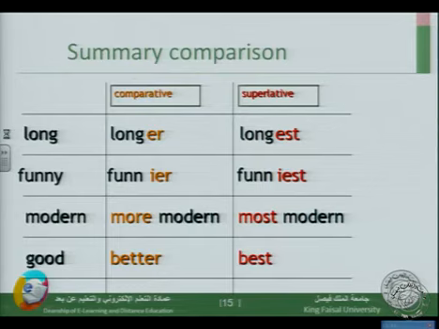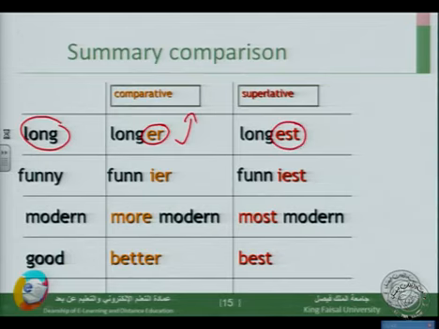Here is kind of a comparison between comparative and superlative. We said with a one syllable adjective, we add ER and it becomes longer to make a comparative form. And the superlative form of long is longest.